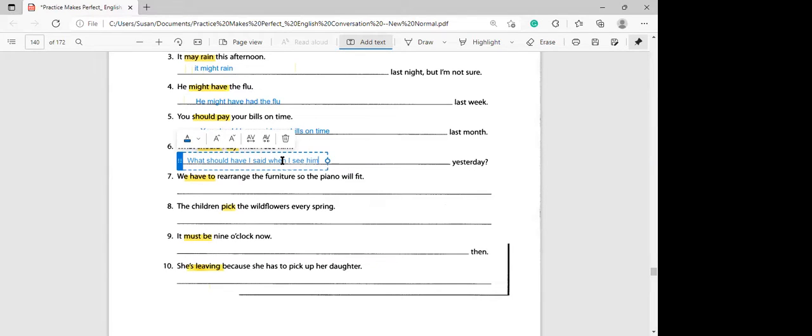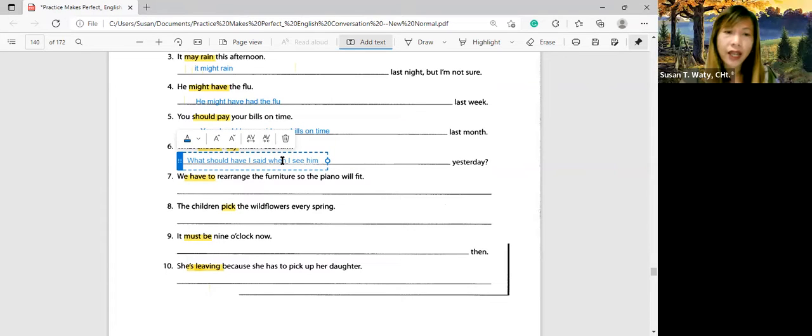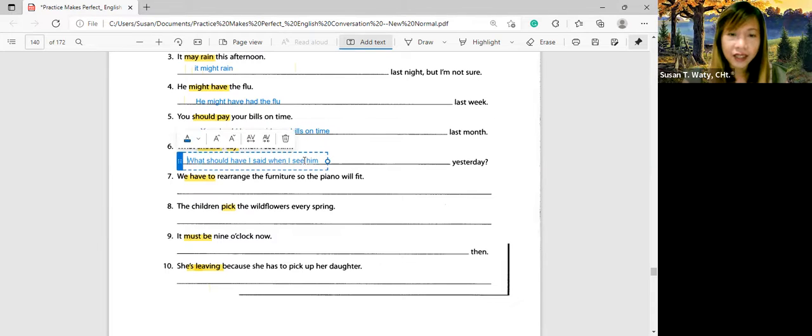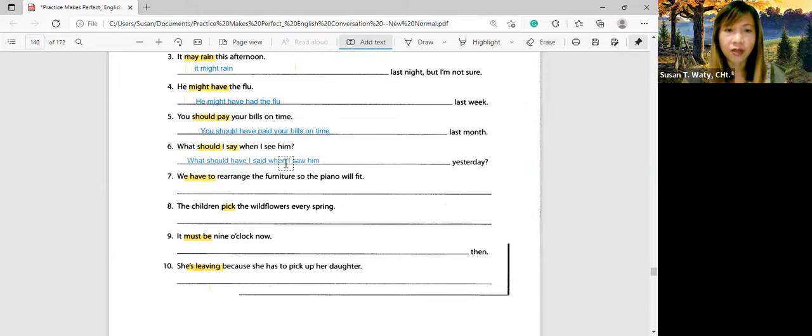Yes, I saw him, sorry. This is past tense also. Saw him, yes, you were right, because it's already yesterday also. So we have these two. You make a good point there. Very good.